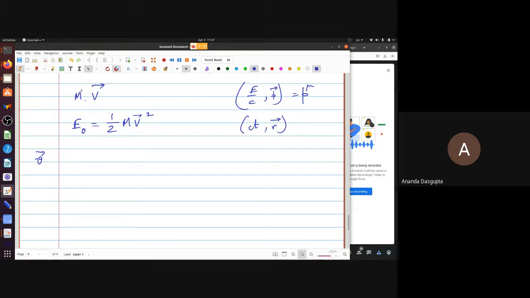So what will the velocity of the fluid be in that frame? Come on, the velocity of the fluid in the original frame is capital V. If this frame is moving at small v, the velocity in that frame will be how much?